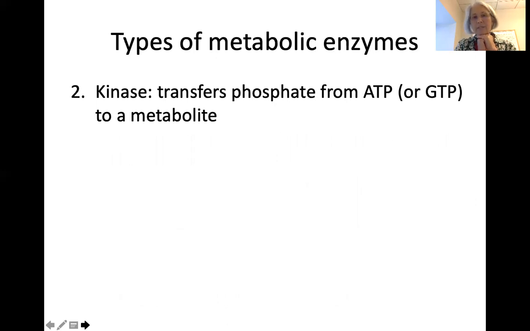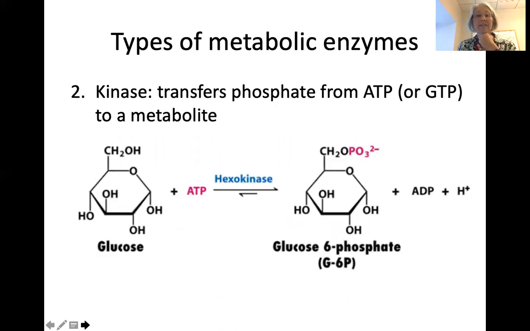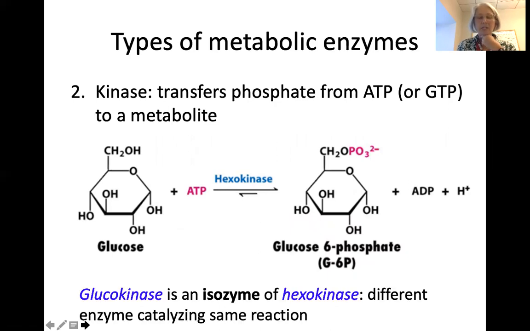All right, so the next type of reaction is a kinase. Kinase is an enzyme that transfers phosphate, usually from ATP, but sometimes GTP, to a metabolite. An example is hexokinase, making glucose 6-phosphate. And I'll just remind you here that glucokinase is what's called an isozyme of hexokinase.